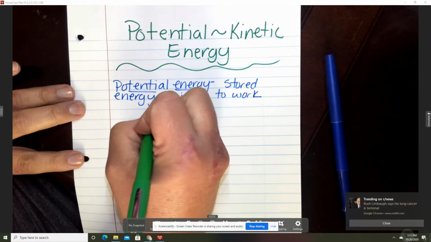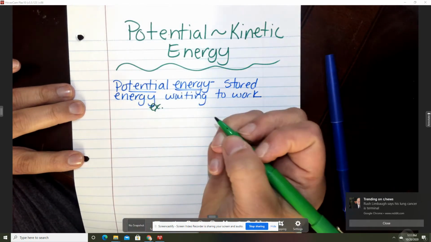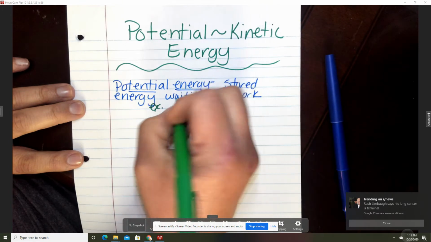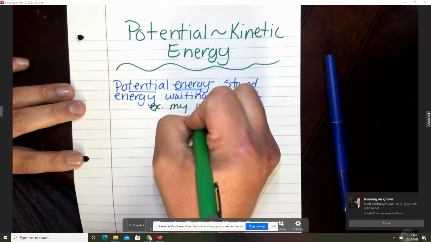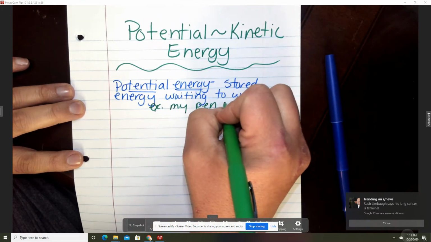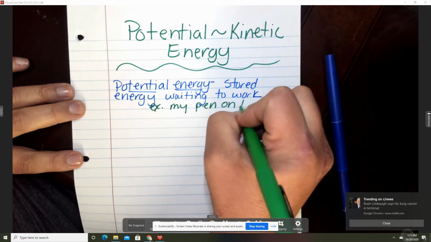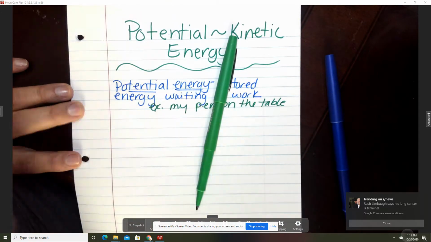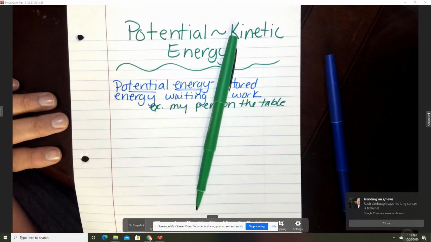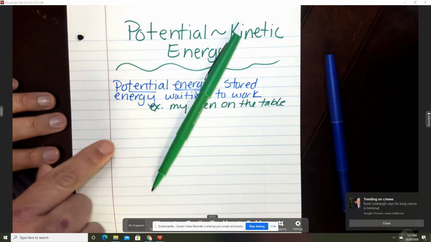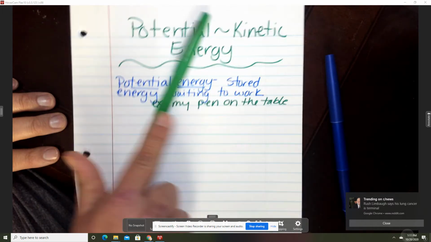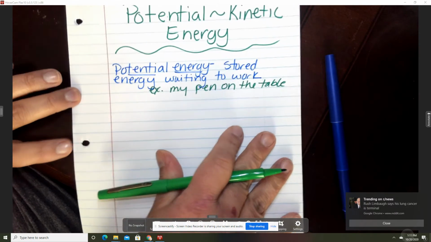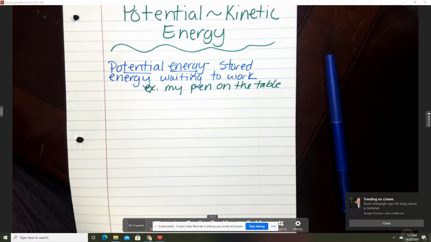An example would be my pen on the table. When I set my pen there, that has potential energy. If a force is moved upon it, it's going to move. It'll have kinetic. My force is my finger moving my pen. So potential energy is storage energy waiting to work.